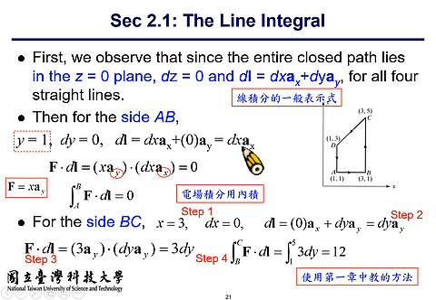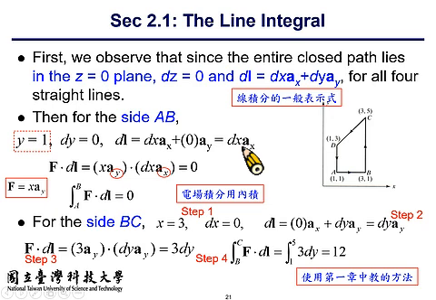So F dot dl can be expressed as 3ay dot dy ay. Due to the nature of the scalar product, it becomes a scalar 3 dy. Then the line integral can be carried out on 3 dy from point B, which has its y coordinate as 1, to point C, where the y coordinate is 5. So the line integral of this is 12.